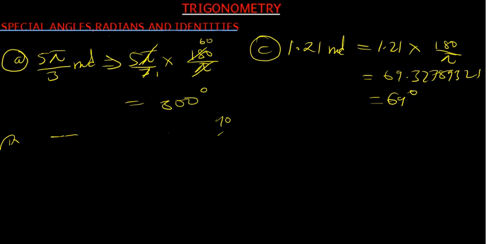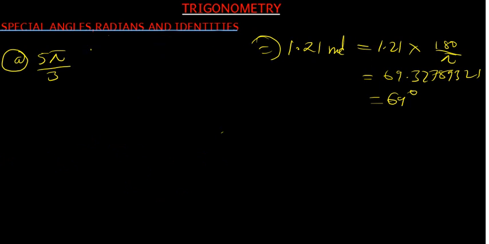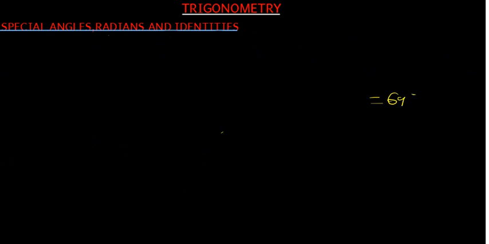Now let's see how we can find the exact value if you've been given a certain trig ratio. Let's say they tell us to find the exact values of the following.